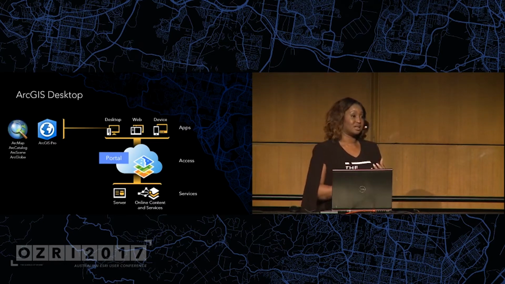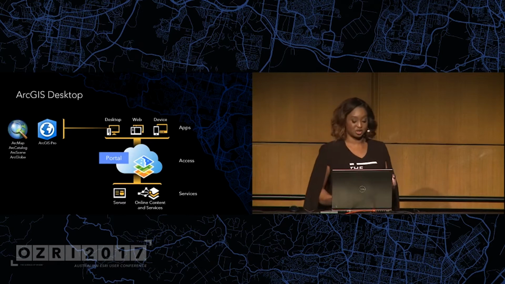Access your online content and services, or your organization's portal content and services, and then do some analysis, and then push this out to desktop, or back out to the web, or onto devices and create apps. So ArcGIS Pro really sits firmly and well within the Web GIS enablement and capability of desktop.